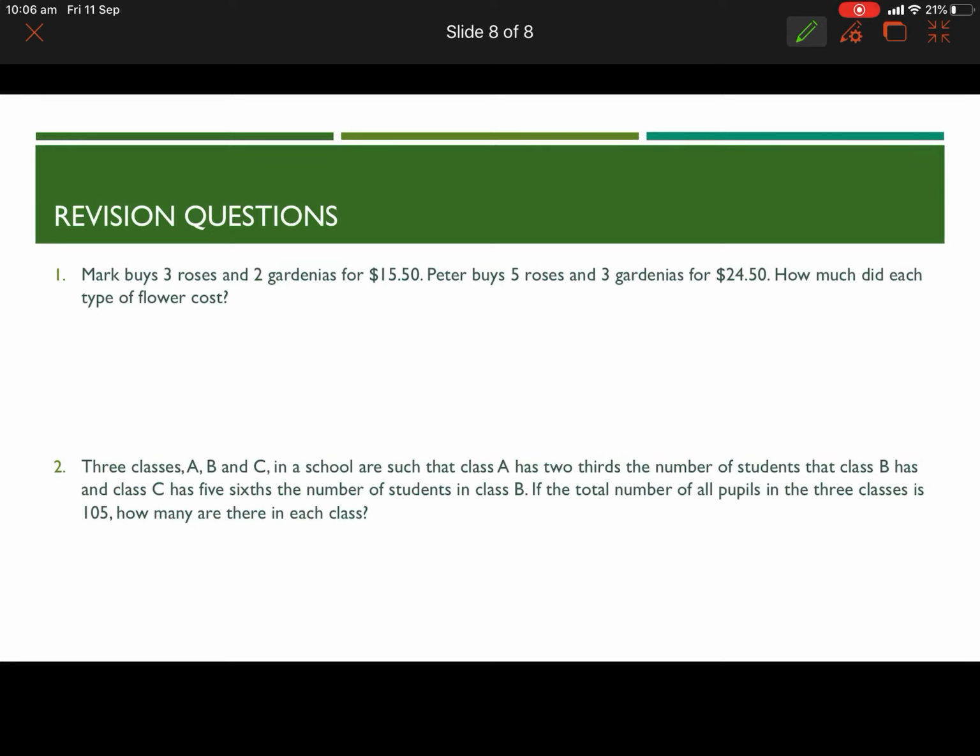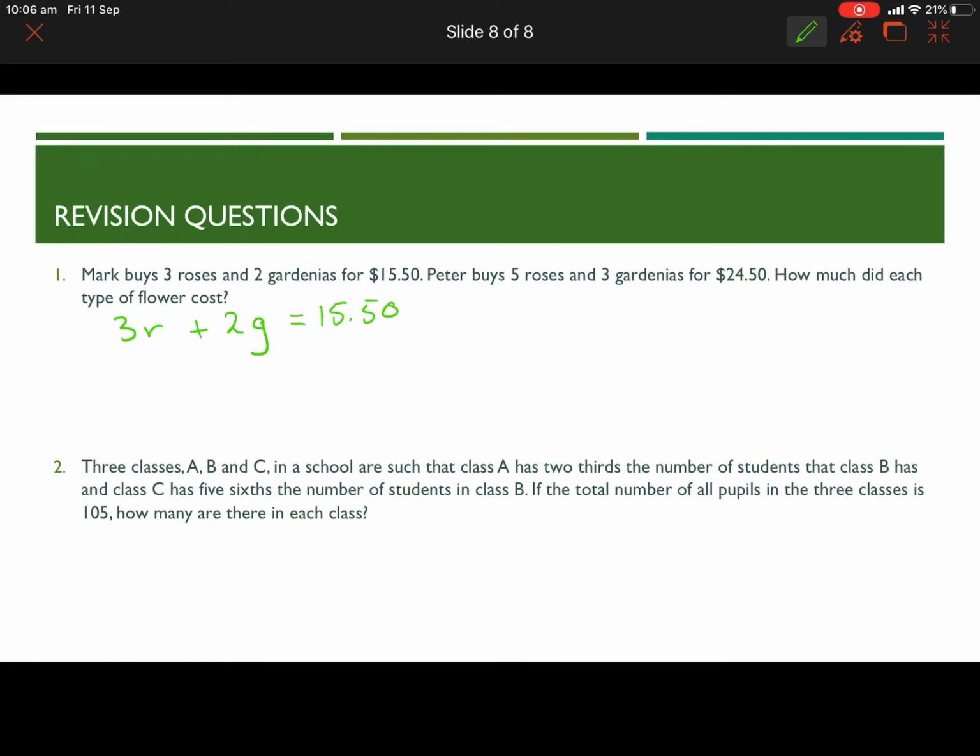Mark buys 3 roses and 2 gardenias for $15.50. Peter buys 5 roses and 3 gardenias for $24.50. How much did each type of flower cost? So we've got 3 roses and 2 gardenias equal $15.50.